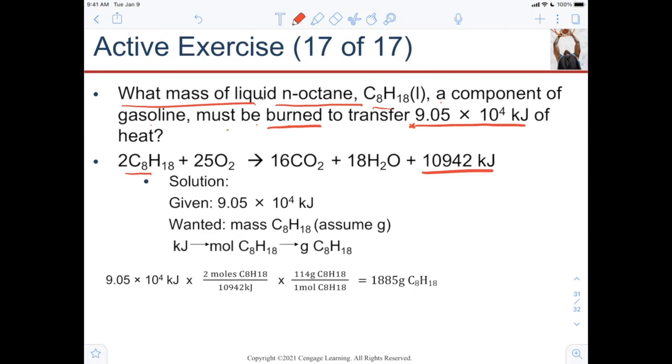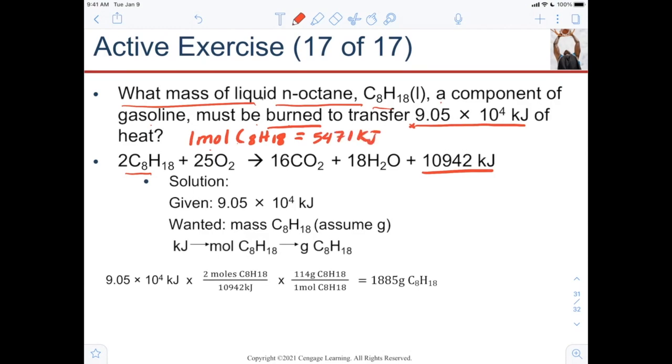At some point, they told us, which I took out, so I'm going to add this back in, that 1 mole of C8H18, when that is burned, when that is consumed, 1 mole produces 5471 kilojoules of energy.